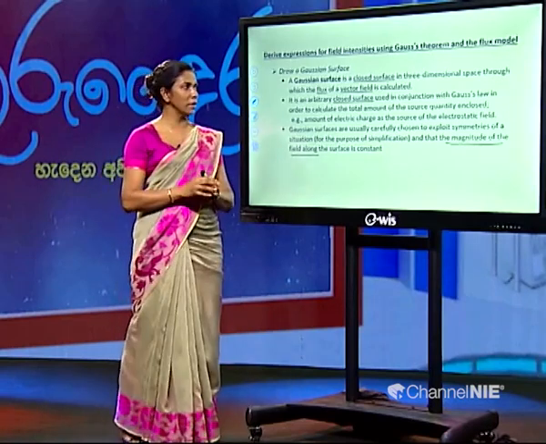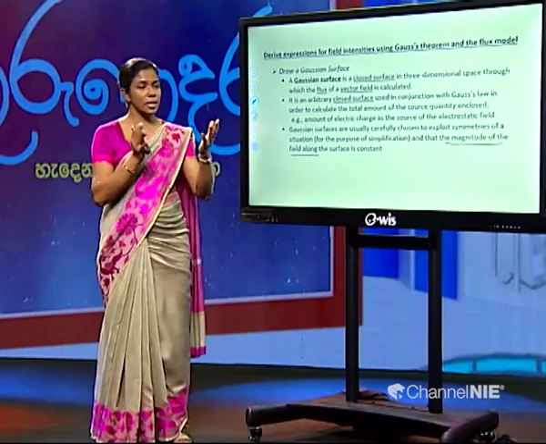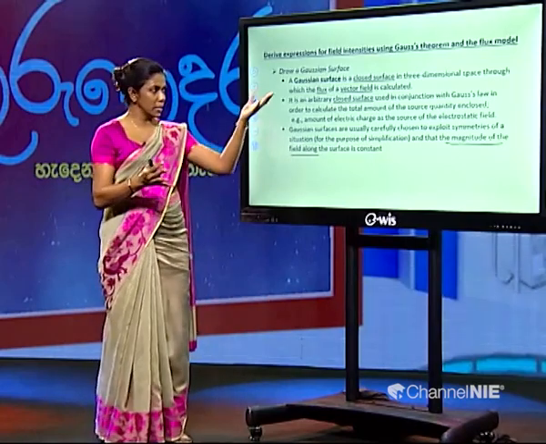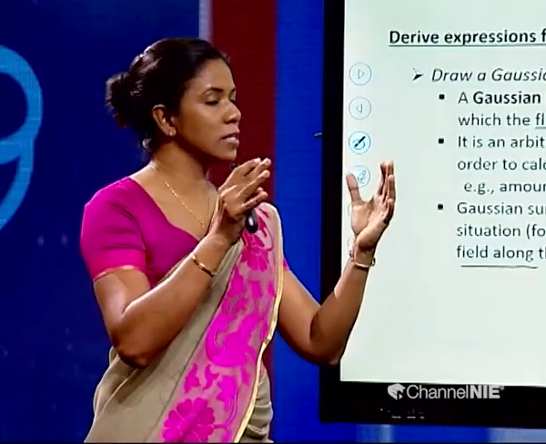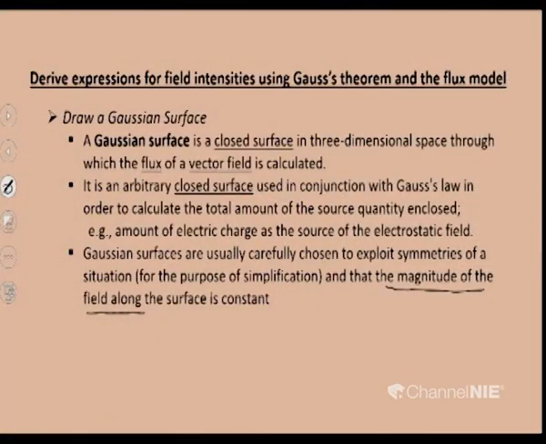Put together, you carefully draw the Gaussian surface in the 3D space where the field is exerted, enclosing the charge that produces the electric field, and along the surface, at any point, the field intensity's magnitude must be the same.